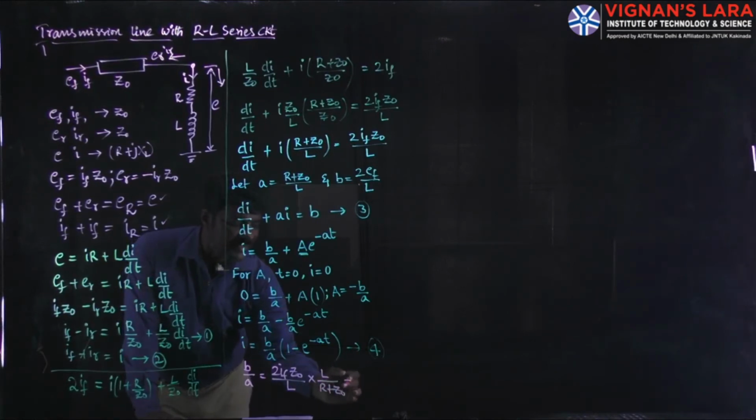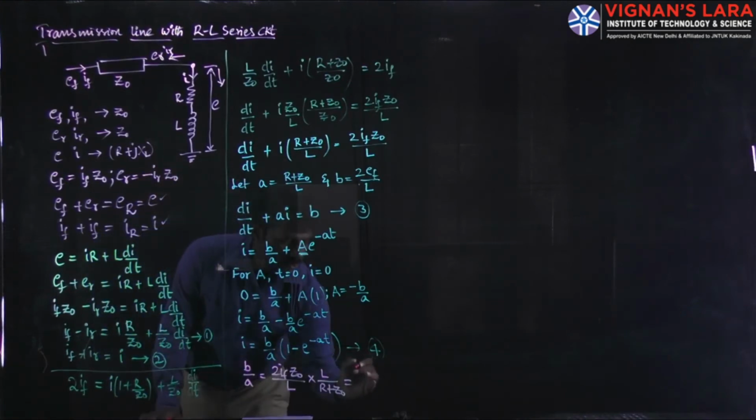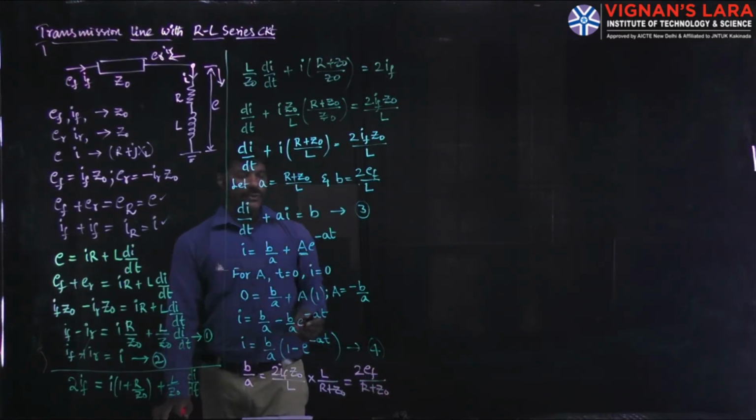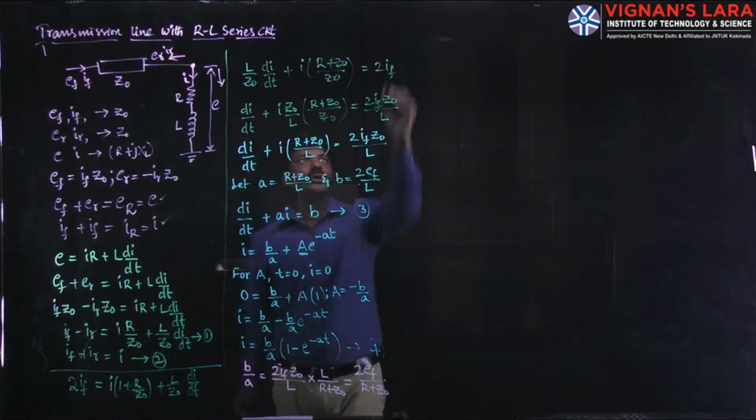The L's get cancelled. So the ratio of B to A is equal to the source voltage, called E F, by R plus Z naught. We can use this E F by R plus Z naught in our current solution.